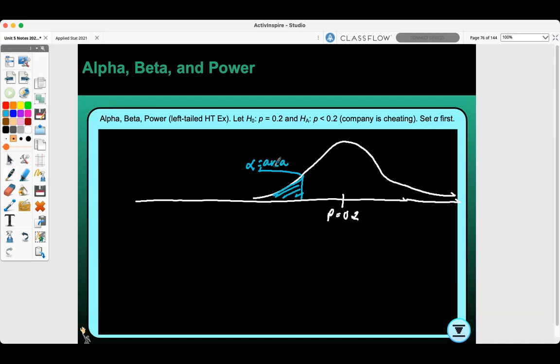And remember, alpha is the region where we reject the null hypothesis, but the null hypothesis is true.